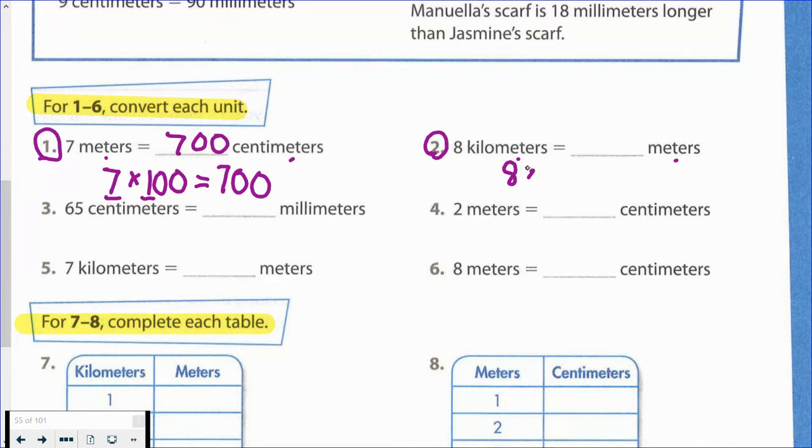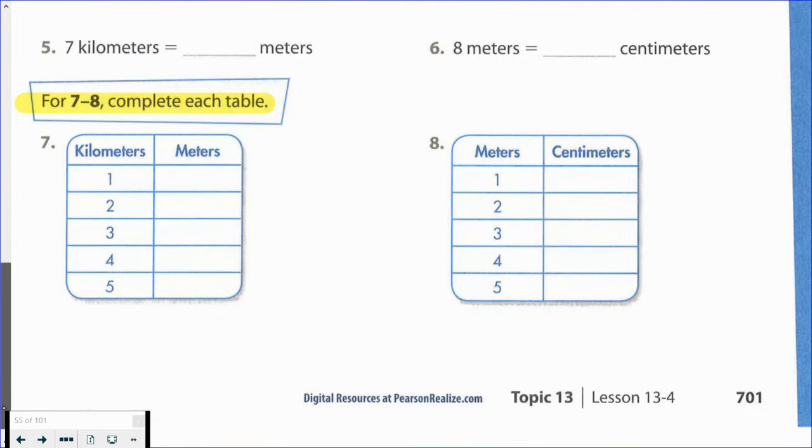We know each kilometer has 1,000 meters. Set up an equation. Use the zeros trick. Basic fact of 8 times 1 is 8. Add the 3 zeros. And we have 8,000.